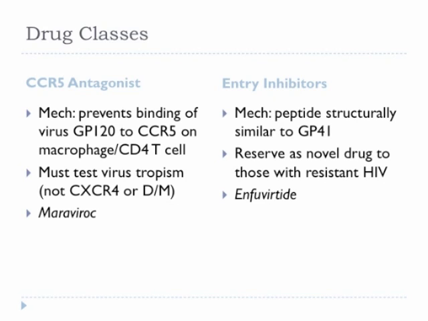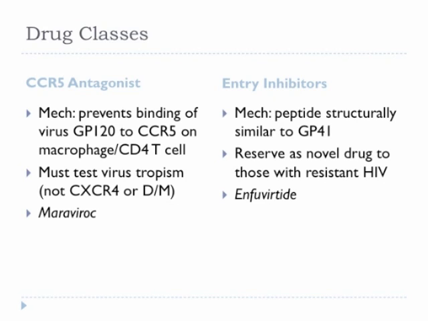So if you antagonize those, then you prevent the binding of the viral GP120. But you need to make sure that you test for the virus tropism to make sure that it doesn't bind instead to CXCR4 or a mixture. Otherwise, it won't be effective for your patient.